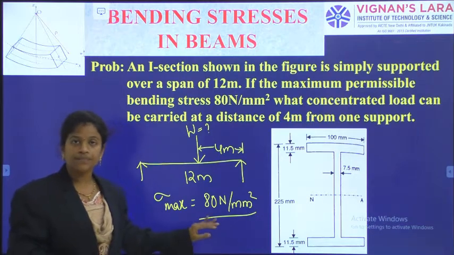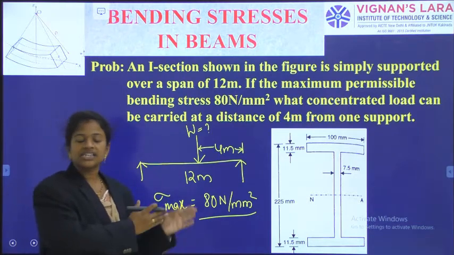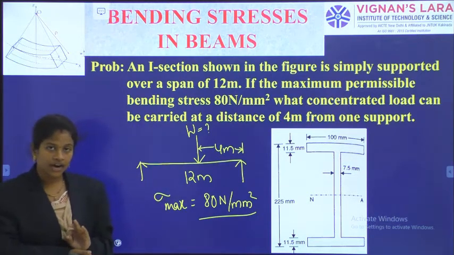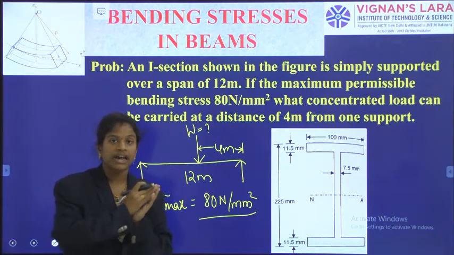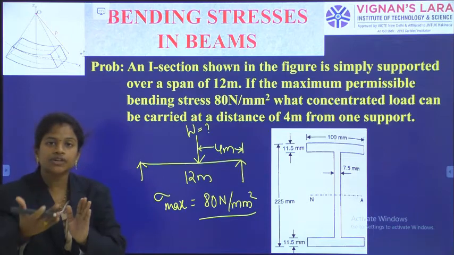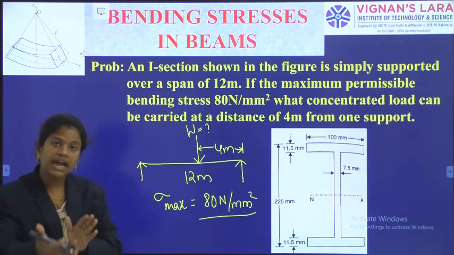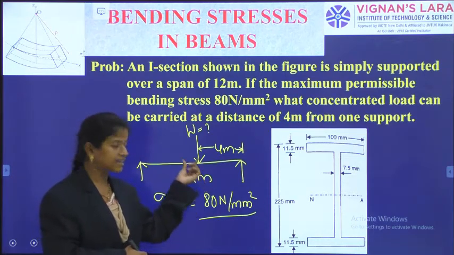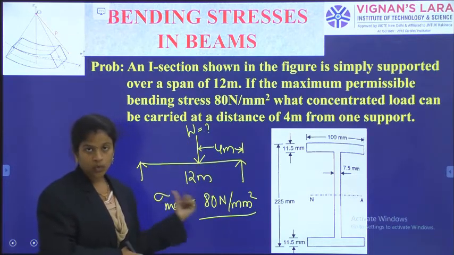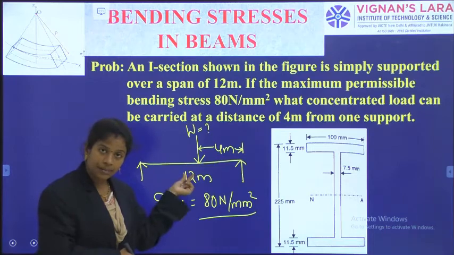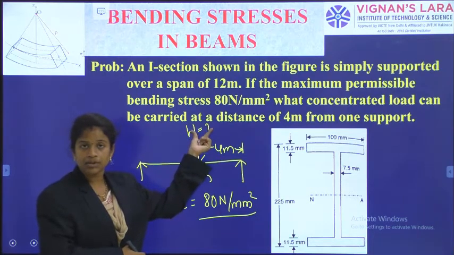Like the previous condition, similarly, sigma max from the simply supported beam we have got, and that sigma max we have used for the cantilever beam, and from the cantilever's bending moment we have got the loading answer, right? From the sigma we are calculating M, the moment answer, and from M we are calculating the W answer.